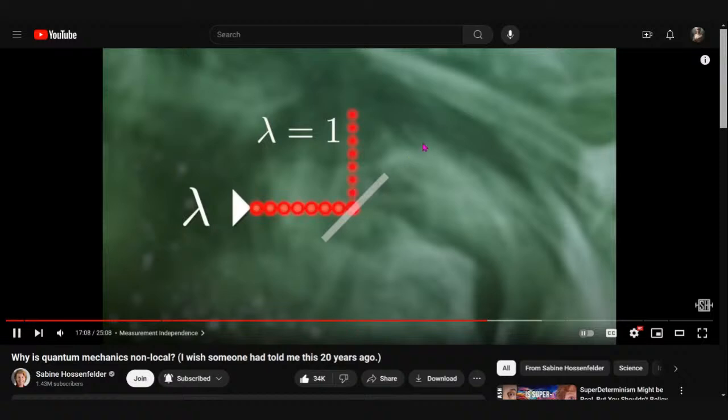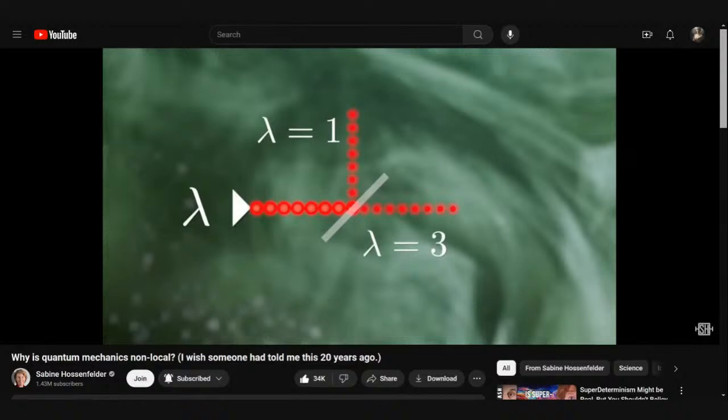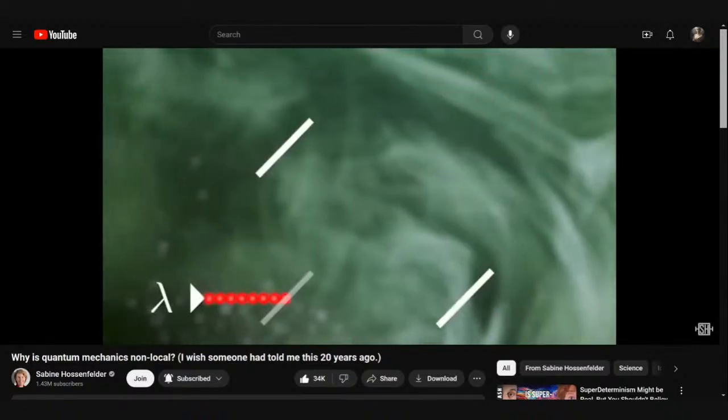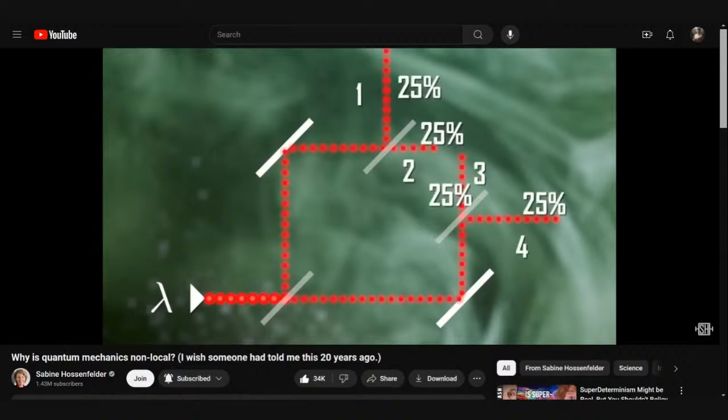photon goes that way. If lambda is 3, then it goes the other way. Why 3 and not 2? Because I know what's coming next and you don't. Now we put two mirrors here and here so that the photons don't run off our screen, and another two semi-transparent plates there. Okay, so now we have 4 different paths, each with 25% probability. We'll give those the numbers 1, 2, 3, 4.